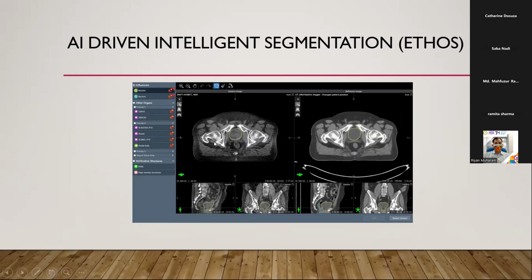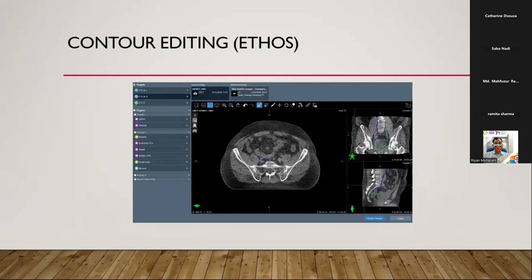The AI intelligent system automatically does the segmentation based on the data it has from the reference CT. If the clinician feels the system has done it perfectly, it can go ahead with that. Otherwise, after reviewing, if the clinician feels there is a requirement for change, the oncologist will edit it, and the tool is provided in the system. With that, the editing will be performed and the contour will be finalized.